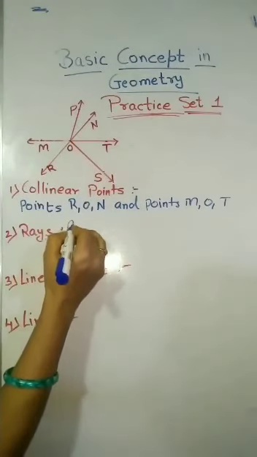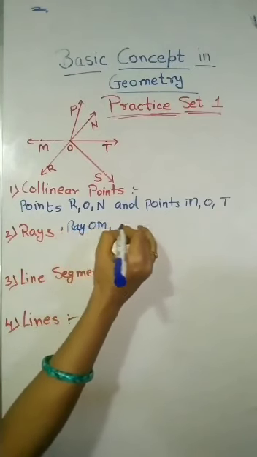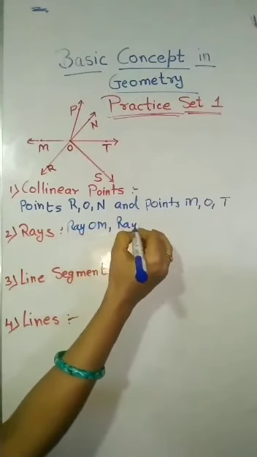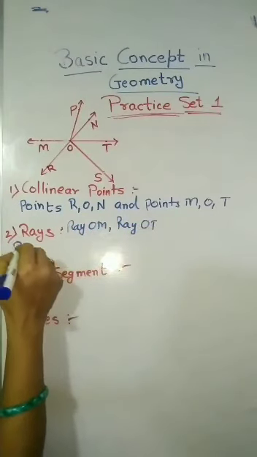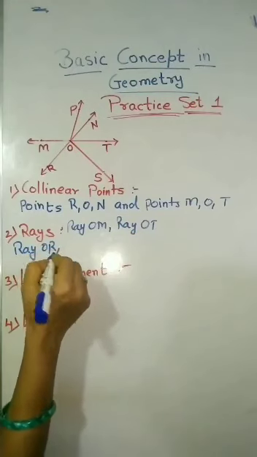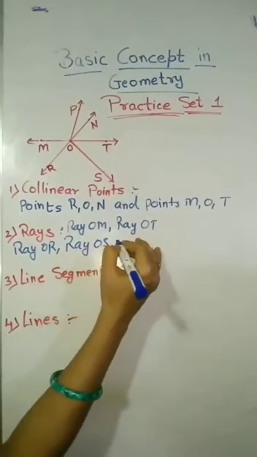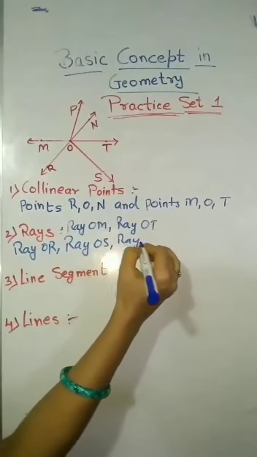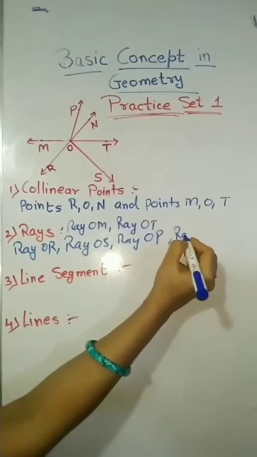Then here we will write ray OM, ray OT, ray OR, ray OS, ray OP and ray ON.